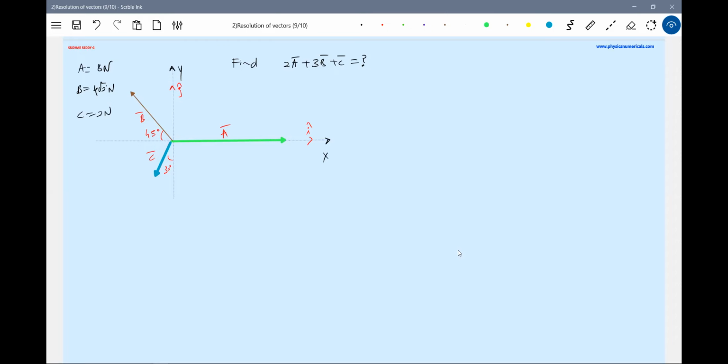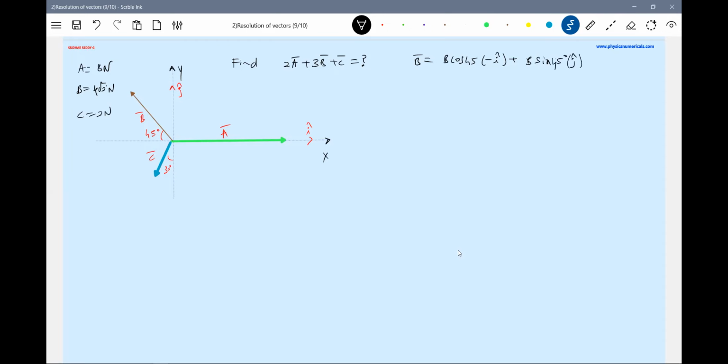Before that, we should get the B bar and C bar vectors, because A bar is okay, fine. B bar, we don't know the vector, only magnitude and direction we know. We have to generate a vector. Okay, B bar will be equal to B cos 45 minus I cap, B sin 45 plus J cap.